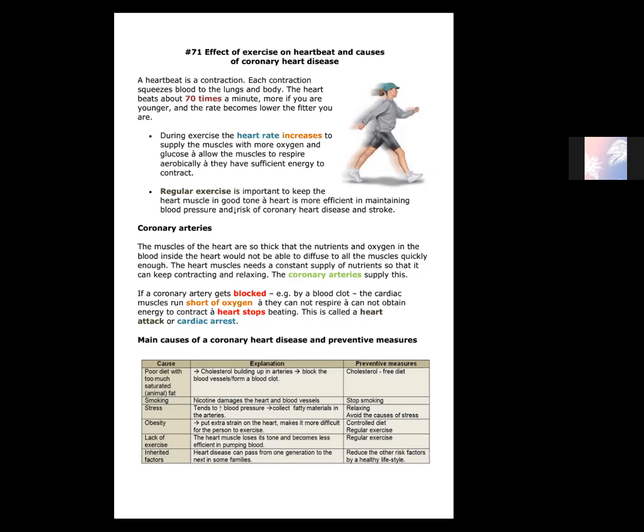So the heart stops beating. It is called a heart attack, cardiac arrest, or myocardial infarction. If the coronary arteries are partially blocked, it is known as angina. If they are fully blocked, that is a heart attack.